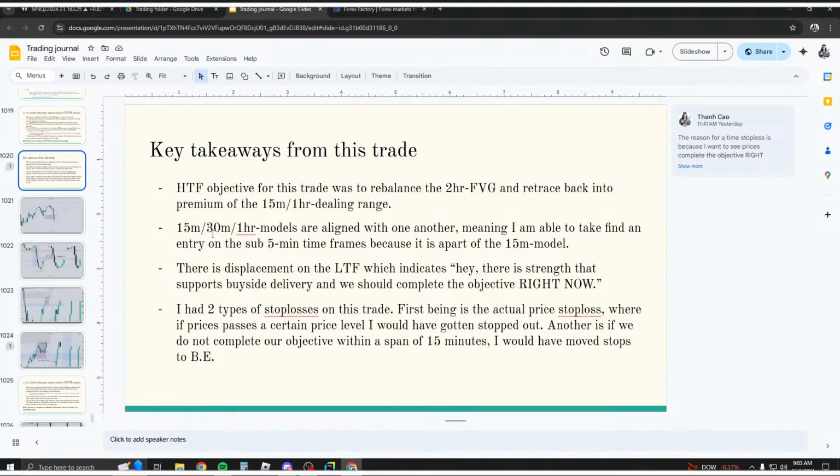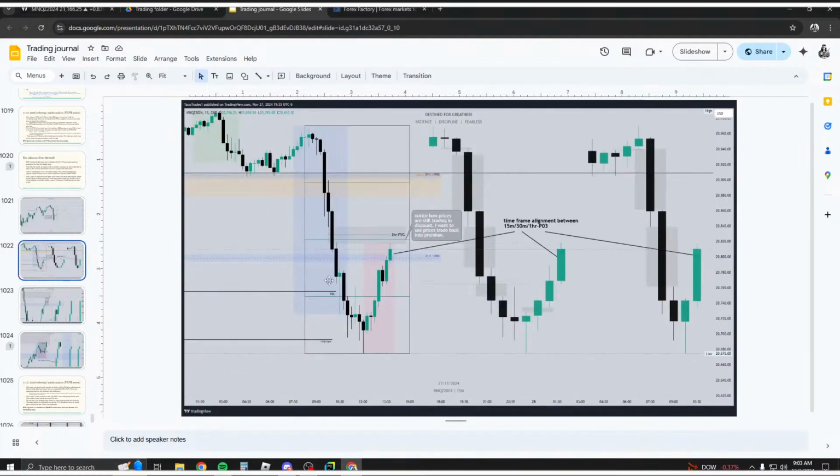Second, 15-minute, 30-minute, hourly was the time frame that I took my model on. And notice, like I said before, how the 15-minute, the 30-minute, and the hourly had the same highs. So that tells me that we're going to take out this objective right now. We should go right now.